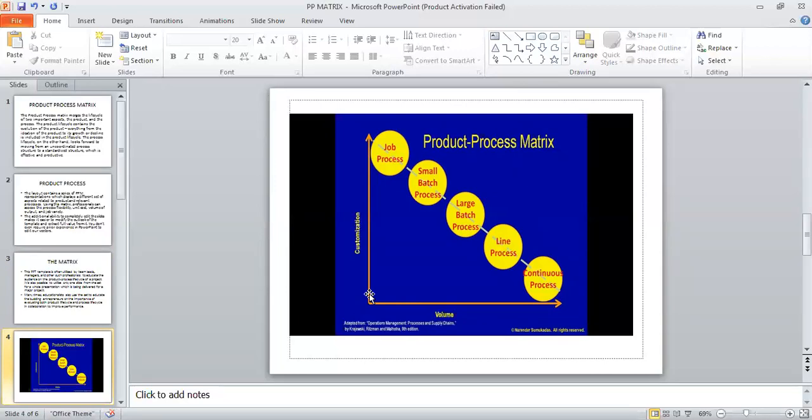It means that in the continuous process we are manufacturing products in bulk. The volume is very high, but we are producing in a standardized format, not customized.